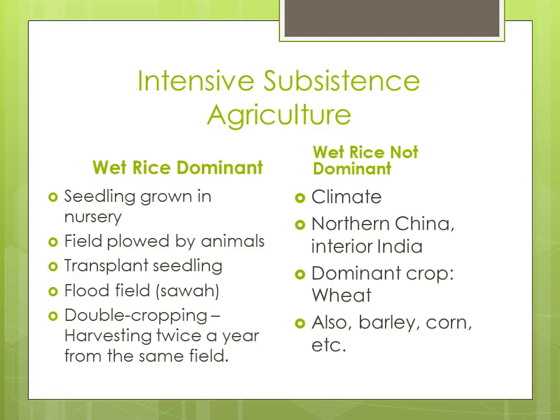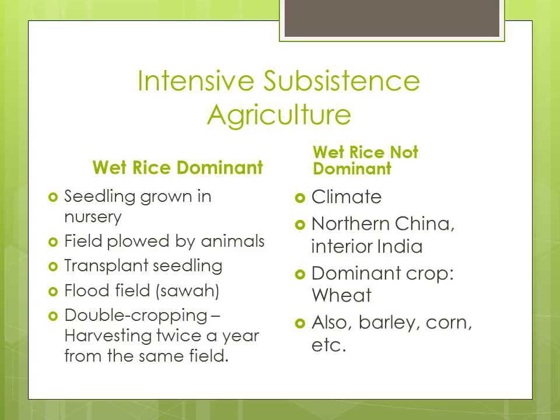Intensive wet rice tends to be in areas where you get a lot higher precipitation, higher humidity. So these tend to be areas near the tropics or that have a high level of precipitation, coastal areas, things like that.